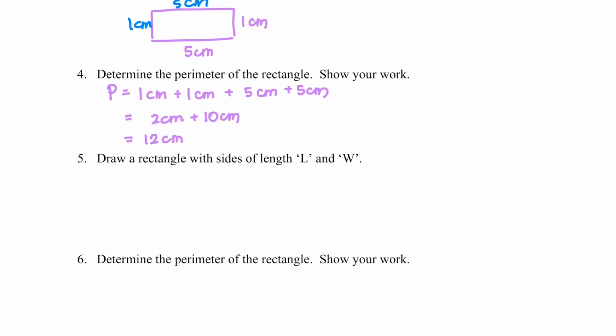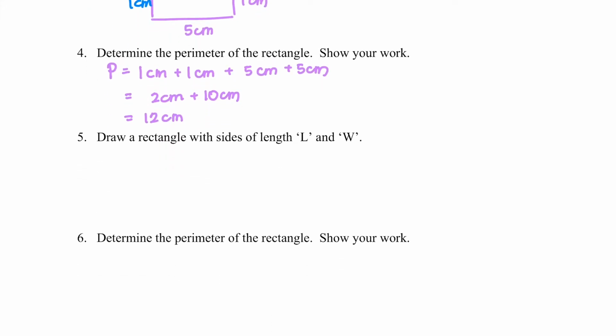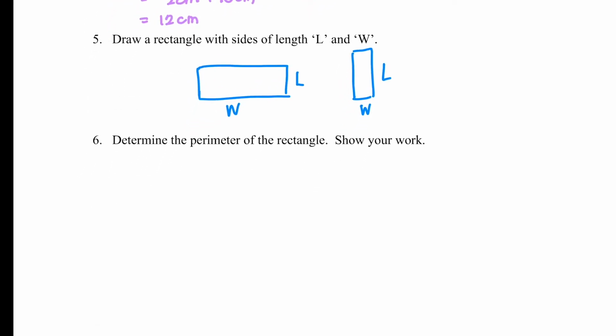Now we're going to draw a rectangle that has sides of length and width. I randomly identified these ones as length and width, and you can also identify it this way. It's going to be up to you as long as you remain consistent. So we're going to determine the perimeter.